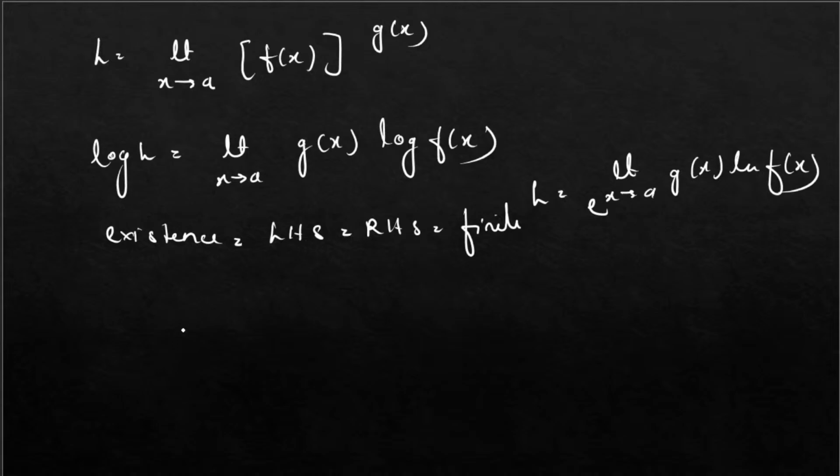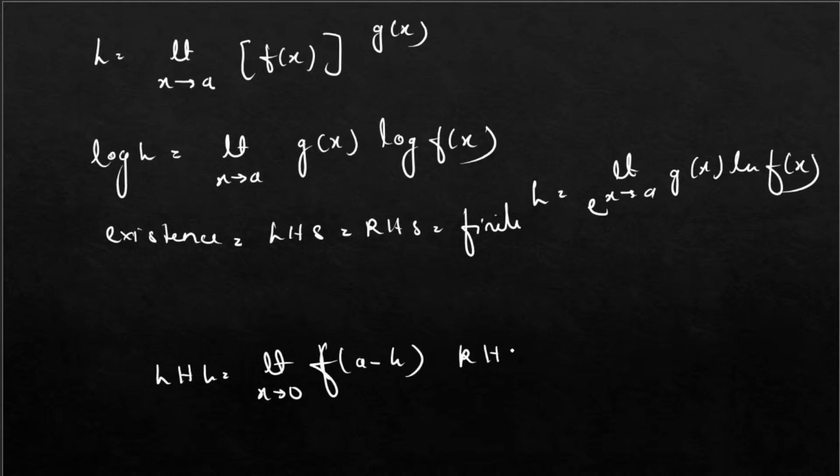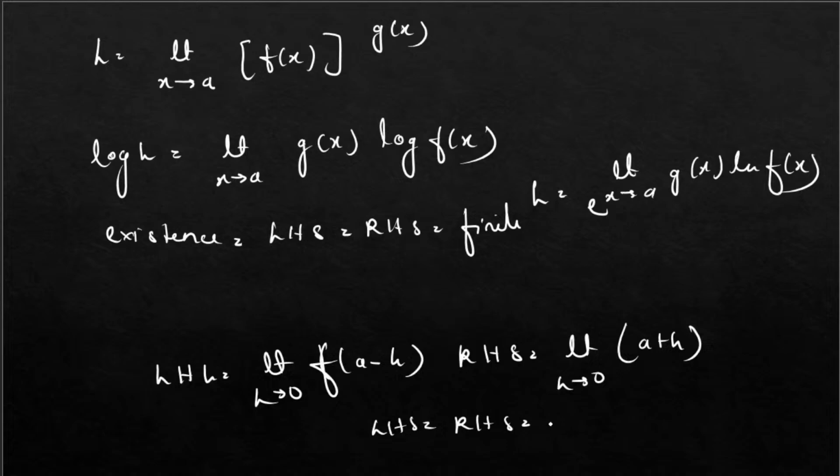Continuous generally means LHS is limit h tends to 0 of f of a minus h, and RHS is limit h tends to 0 of f of a plus h. Here we are using h, not x. This basically means LHS equals RHS equals f of a, and then we say that it is continuous.